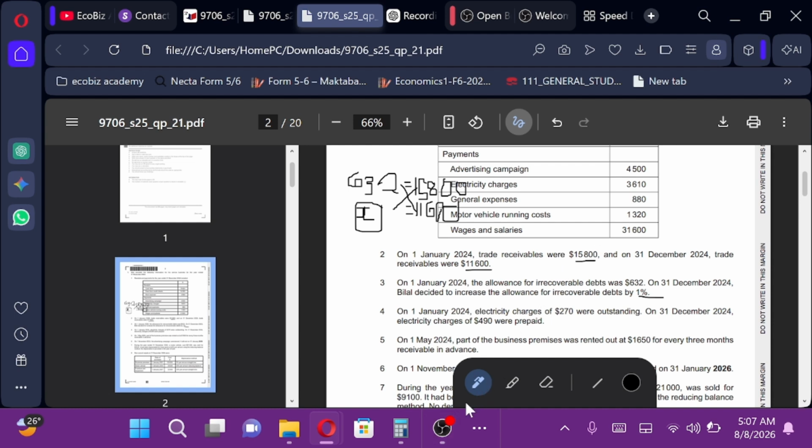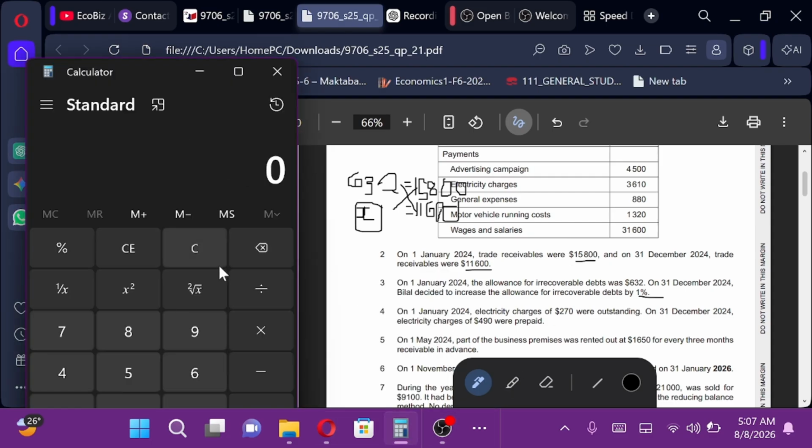We take 632 divide by 15,800. We get 0.04, which is basically 4% in percentage.